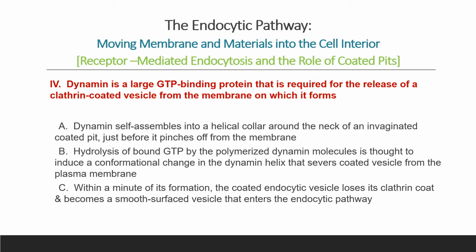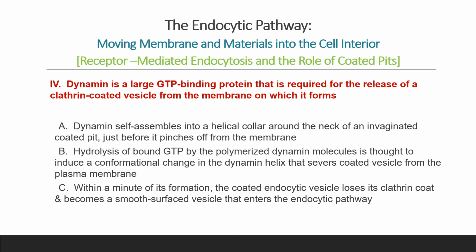Now, dynamin is a large GTP-binding protein that is required for the release of a clathrin-coated vesicle from the membrane on which it forms. Dynamin self-assembles into a helical collar around the neck of an invaginated coated pit, just before it pinches off the membrane.